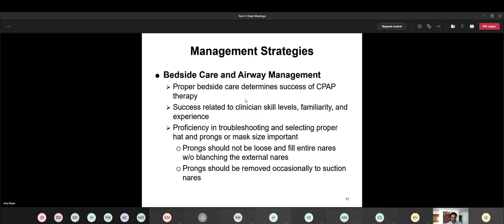And even if you got to use a suction catheter, you'll be amazed at how much stuff you get back from these little babies sometimes. Baby's no bigger than your hand, but you're pulling out mucus plugs the size of, I don't know, I can't think of an analogy right now, but I hope you get the point that a lot of times they do produce a lot of mucus, even though they're small. So you just want to be careful and always checking and making sure the airway is patent.